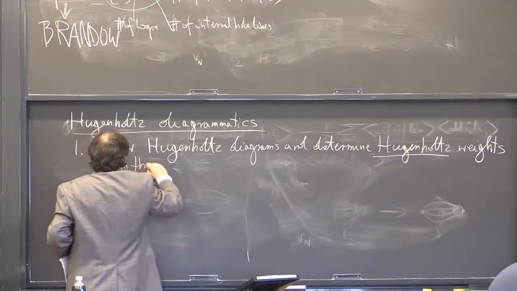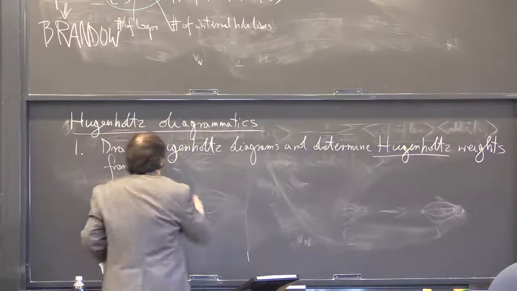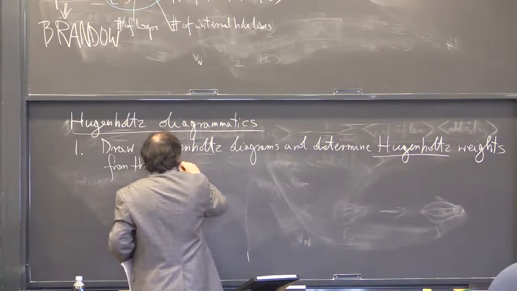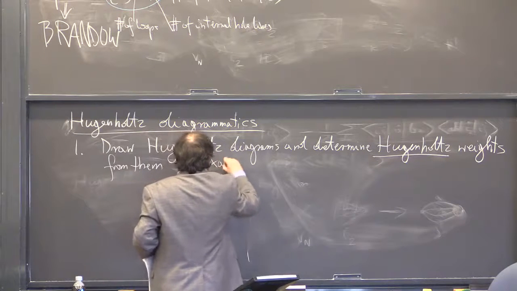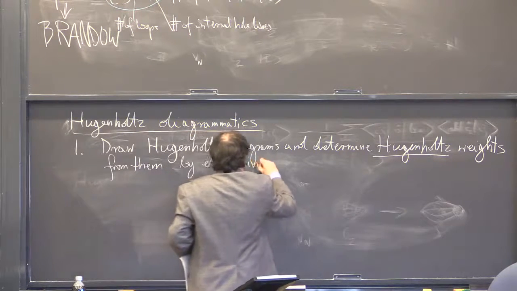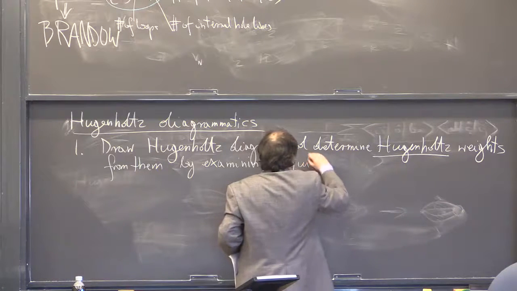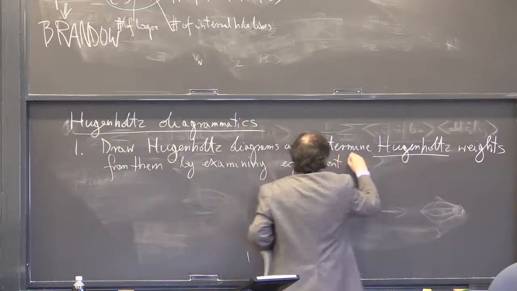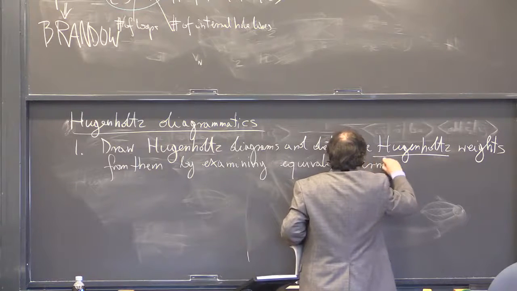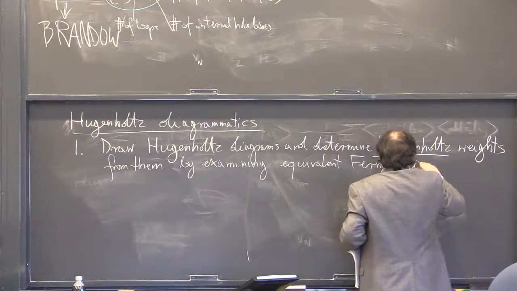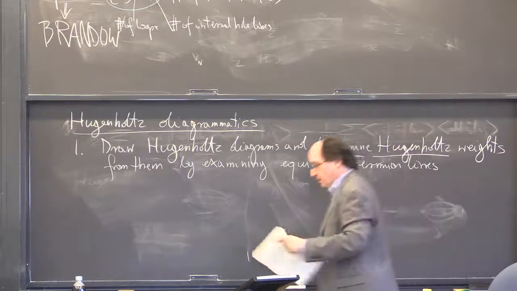We know how to do it. We determine Hugenholtz weights by examining equivalent fermion lines. We already talked about this.